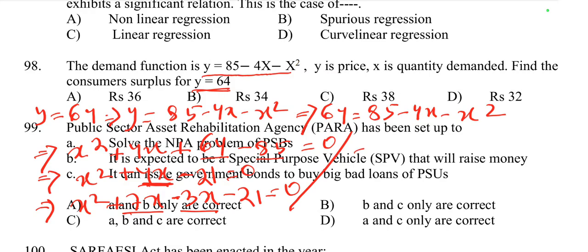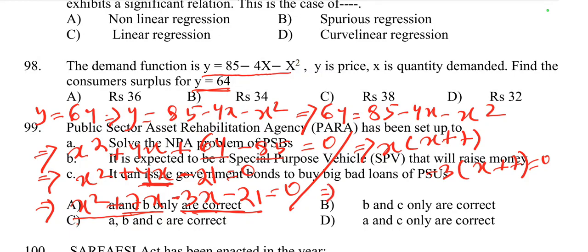Now we simplify. From x square plus 7x we take x as common, so x into x plus 7. Then from the second part we take minus 3, so minus 3 into x plus 7 is equal to 0. This implies x plus 7 into x minus 3 is equal to 0.